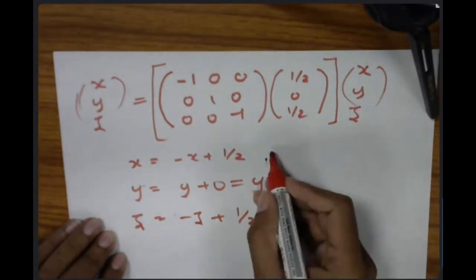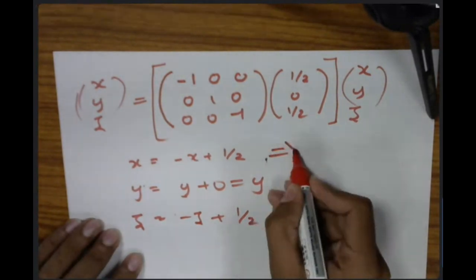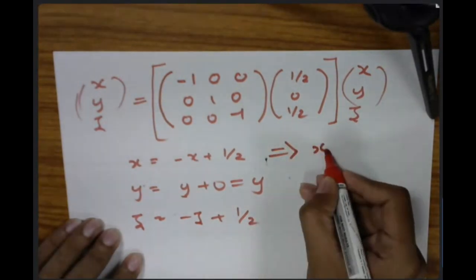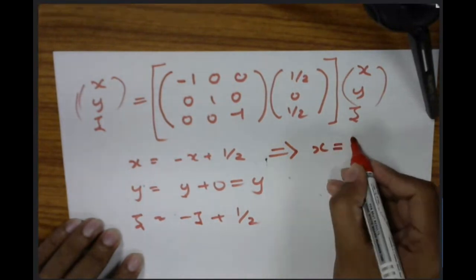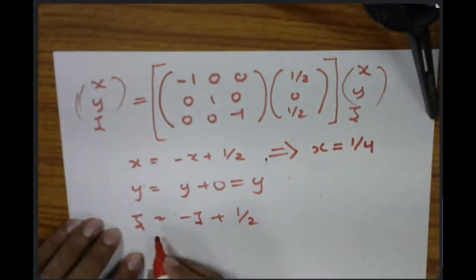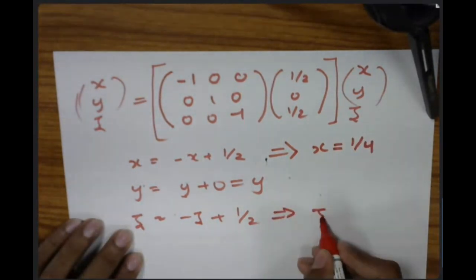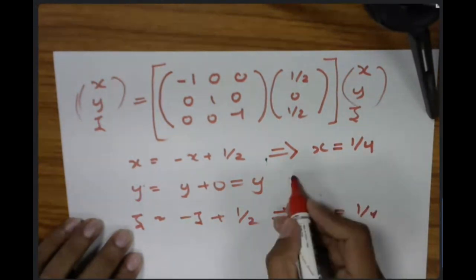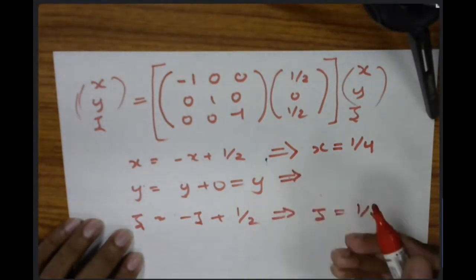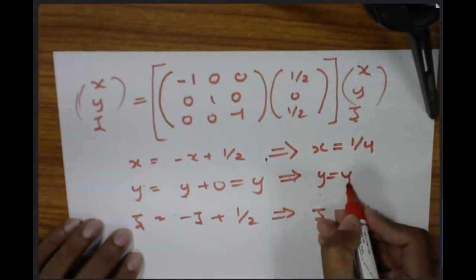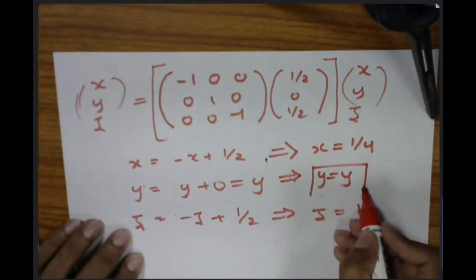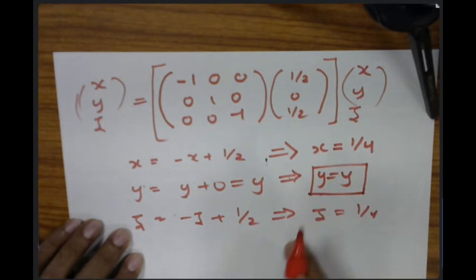So if we solve this, what we are getting from here is that x will be equal to 1 by 4, z is equal to 1 by 4, and y is remaining as it is, like y is equal to y. So only one thing is invariant. Sorry, one thing is like it can take any value.